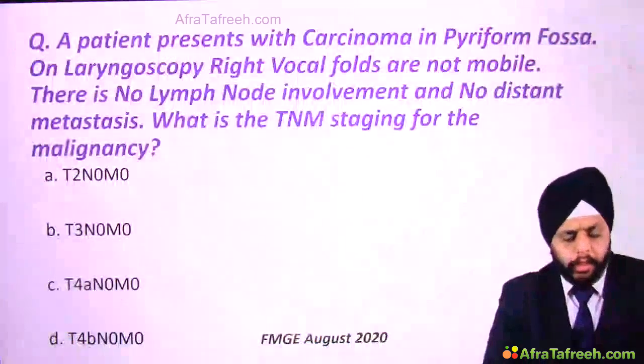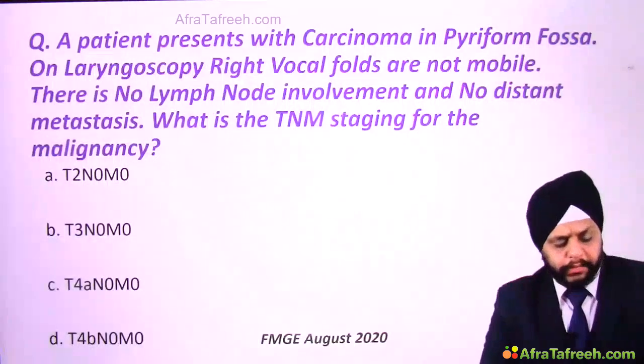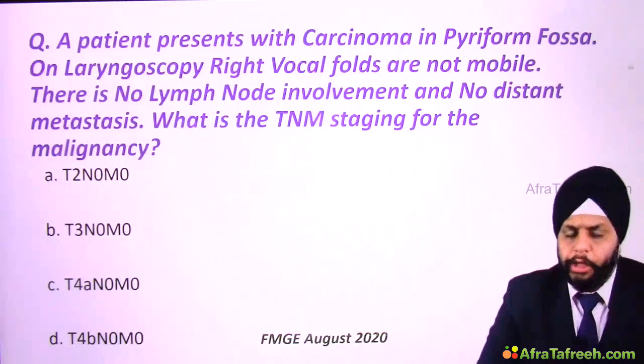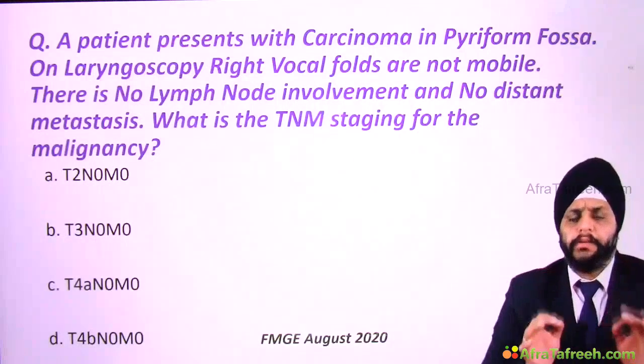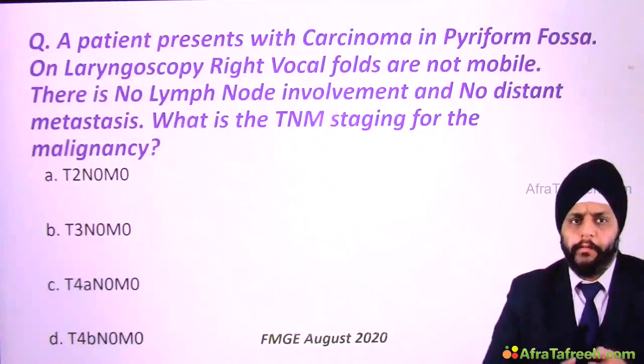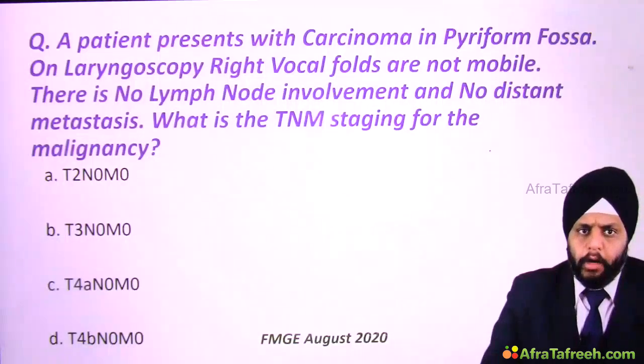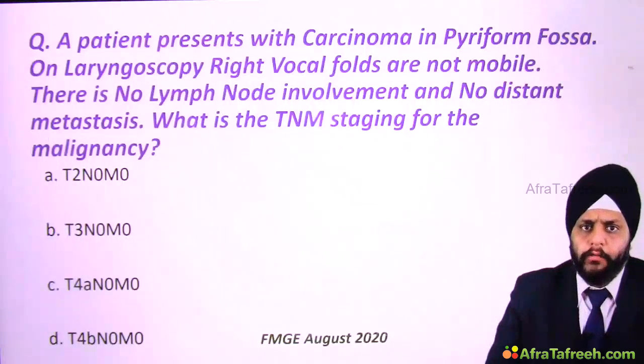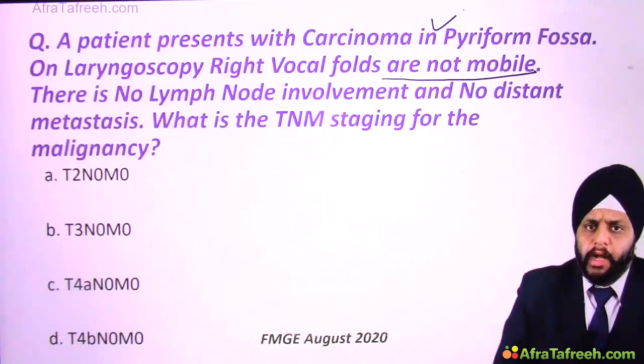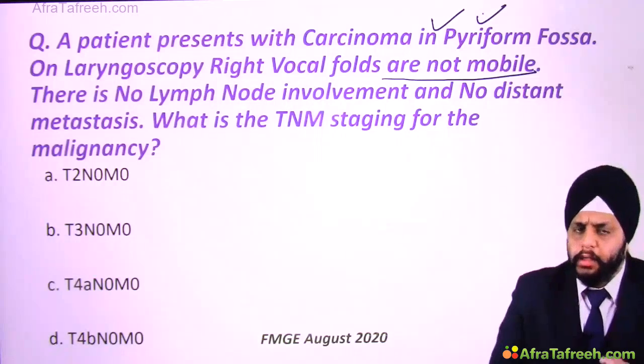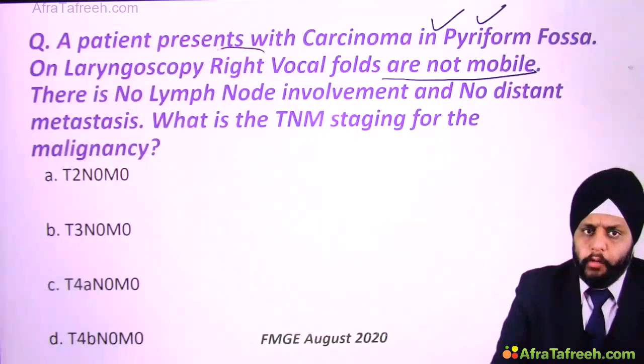Okay, so let's look at this question. It was asked recently in the FMG August 2020 exam. A patient presents with carcinoma in the piriform fossa. On laryngoscopy, the right vocal fold is not mobile.